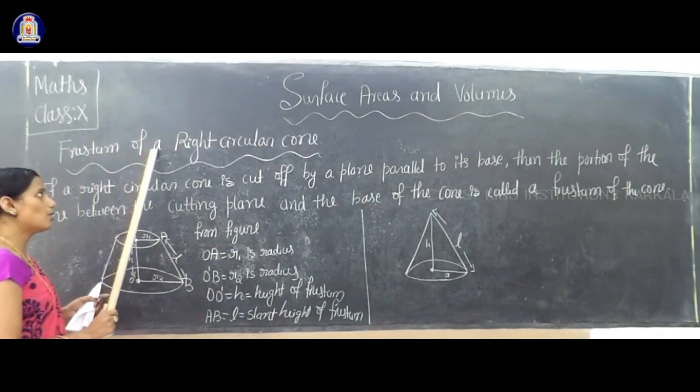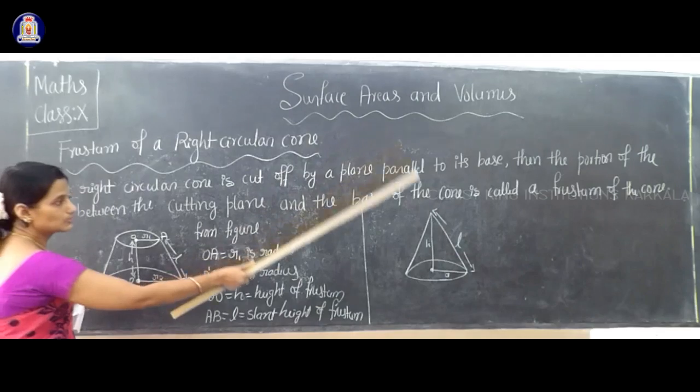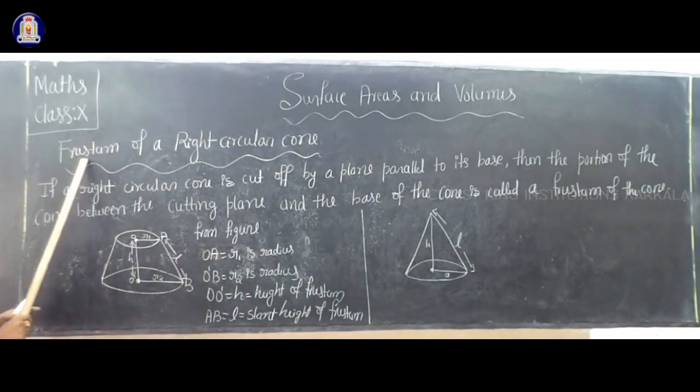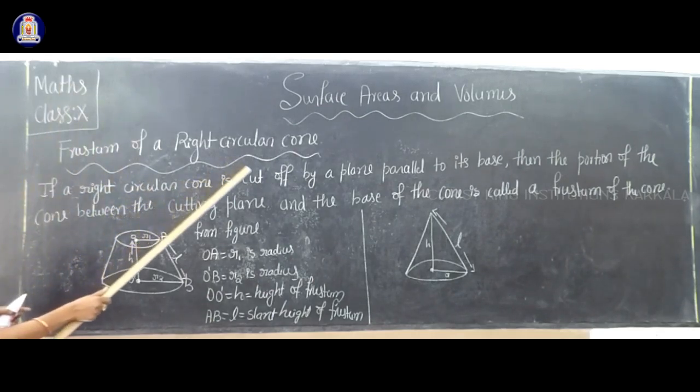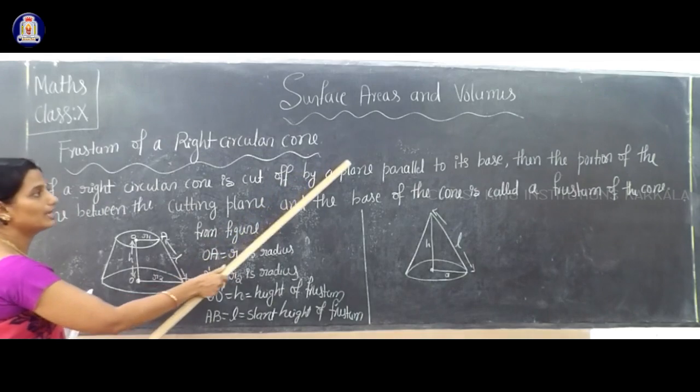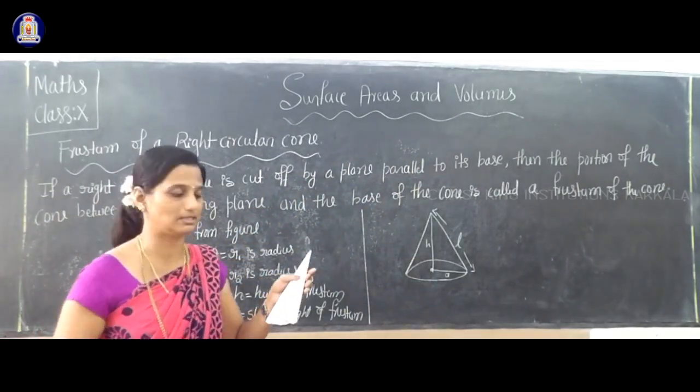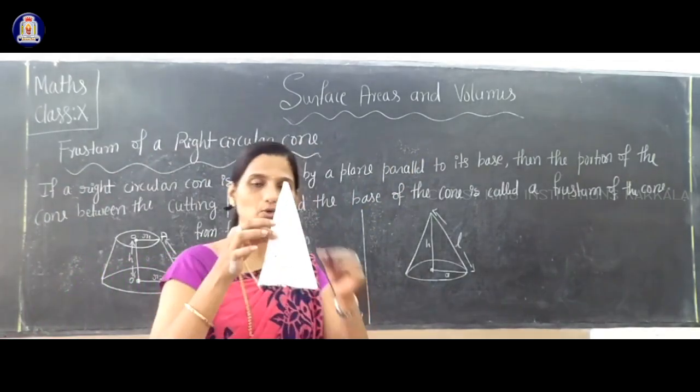So now from this we are getting the frustum shape, the frustum of a right circular cone. How are we getting that shape? The right circular cone is cut off by a plane parallel to its base. So now I have this cone.